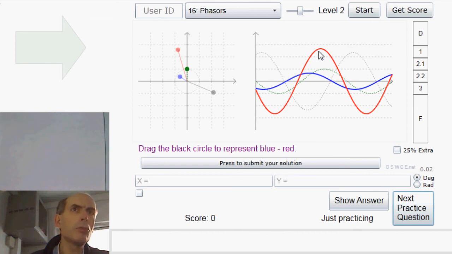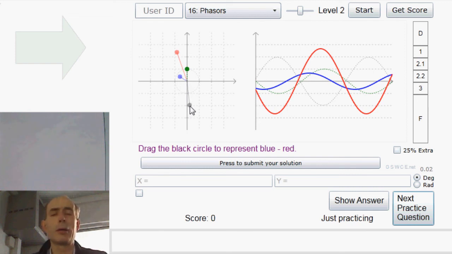And in terms of amplitude, almost 3. So possibly somewhere around about there. Blue minus red would be then something like round about that kind of thing. Just looking at the phasor diagram, the blue and then minus the red, somewhere around there.